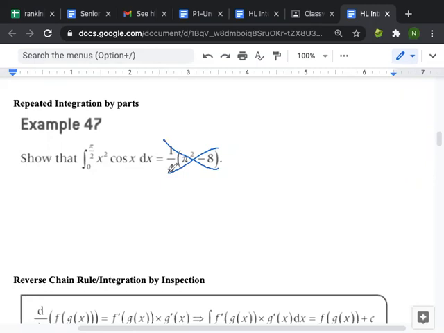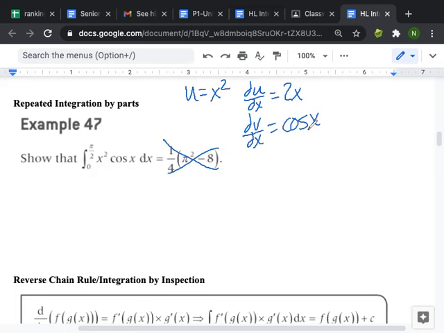So I'm reading through. I don't have an inverse trig function. I don't have a log, but I do have an algebraic function. It's x squared. So that means that my u is equal to x squared, which means that du dx is 2x. And that means that dv dx is the other part of my equation, which was cosine x.